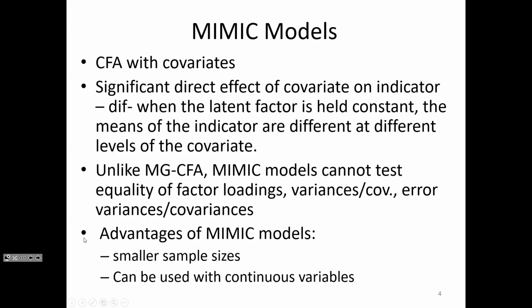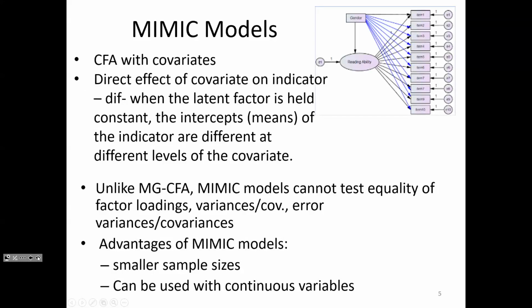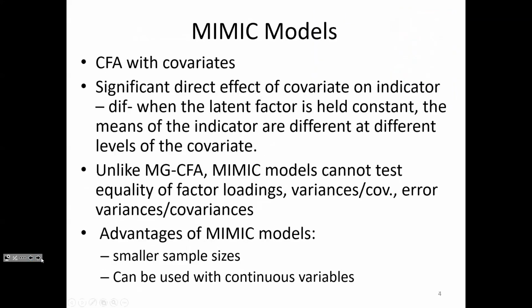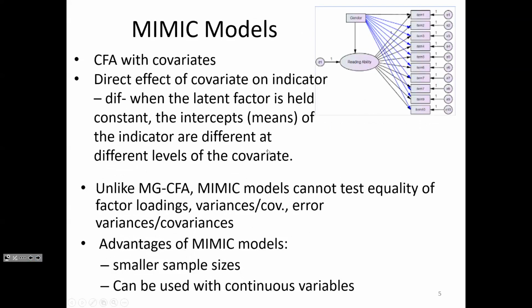So there's a simpler way to look at invariance, but you won't get everything out of a MIMIC model that you get from a multiple groups model. I put the picture on this week and forgot to take out the non-pictured slide.